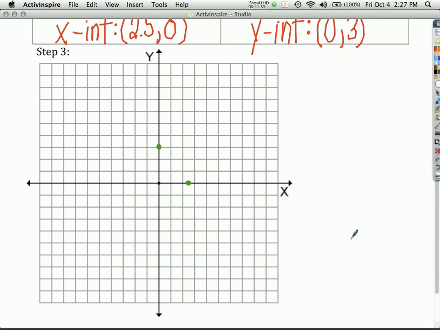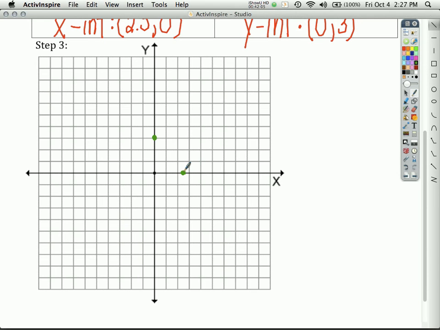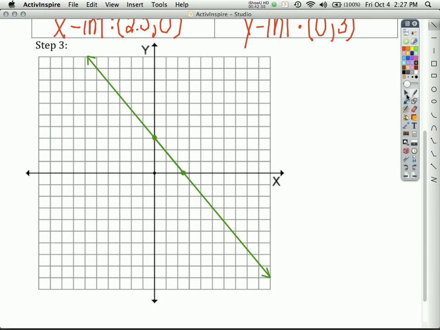And now you use your straight edge and you're going to draw a line from one side all the way through to the other. Put arrows on either end to indicate that it goes on forever, and now we have an accurate representation of the equation.